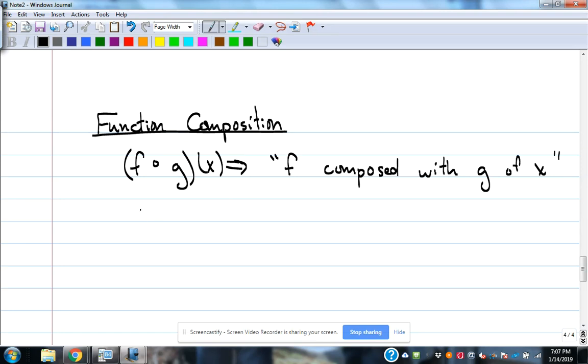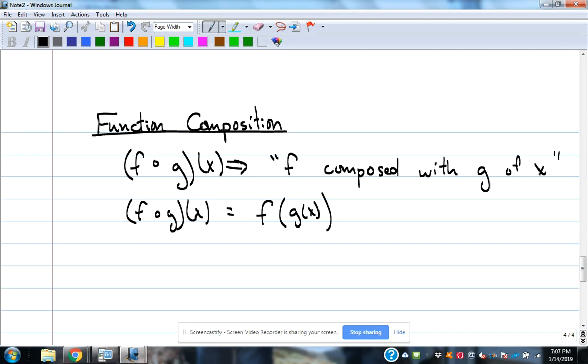What this means, f composed with g of x, it's like function value. You take the g of x function and replace x with it in the f of x function. So what it does is it takes the y values from the g of x function and uses them as the x values for the f of x function.